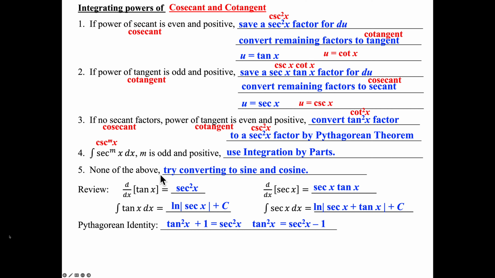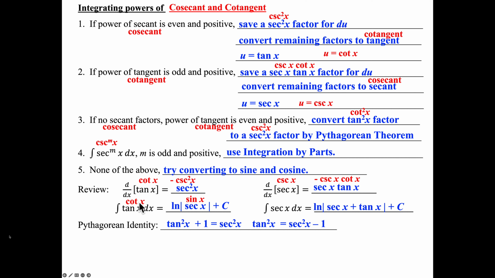If none of the above work, you still change everything to sines and cosines. All right, tangent of x is cotangent of x, but make a special note, its derivative is negative cosecant squared of x. Secant x, make that cosecant x, but its derivative is negative cosecant x cotangent of x.